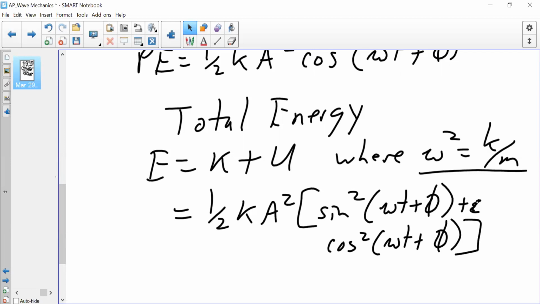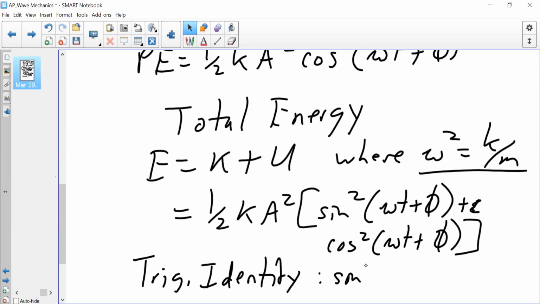And you know from trig that this goes to 1. Sine squared, you know, trig identity. Didn't think you'd use those again, right? But anyway, sine squared plus cosine squared is 1. And it could be any variable, x. If this is your x, this becomes 1.